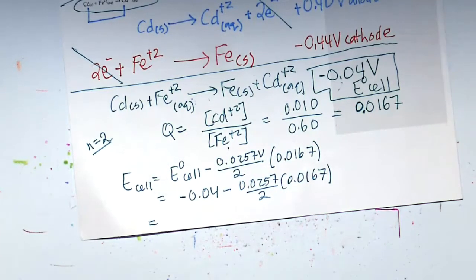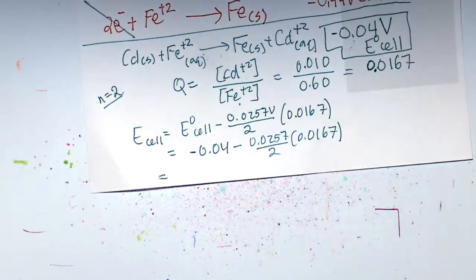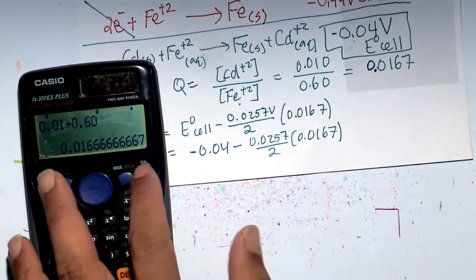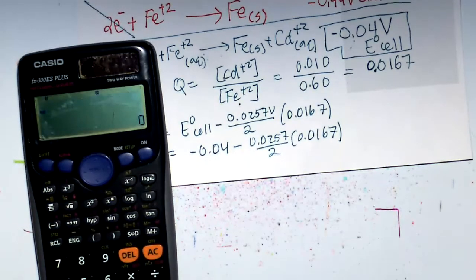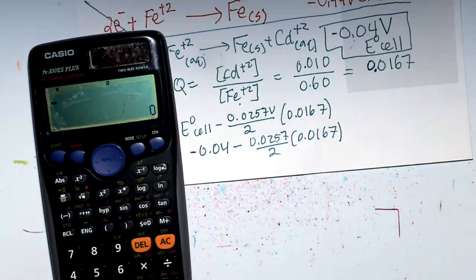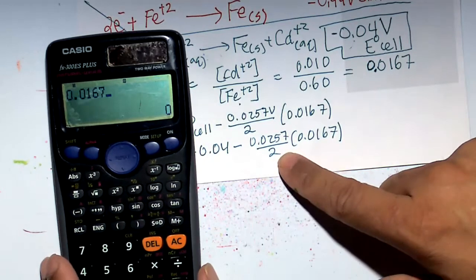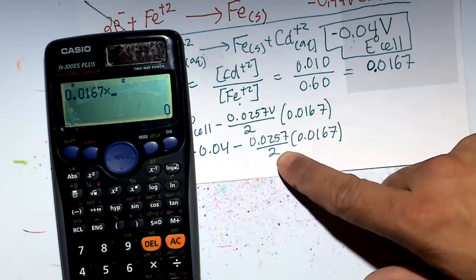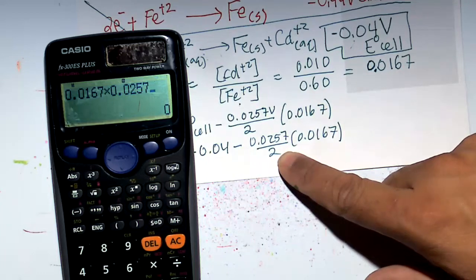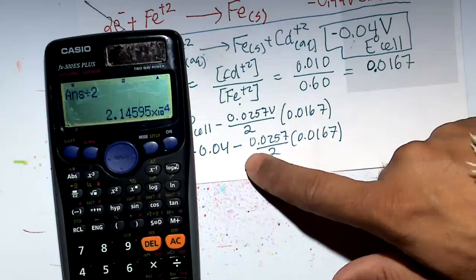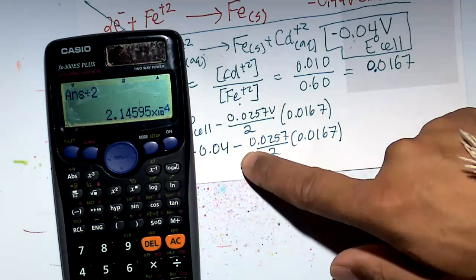All right, how will we do this on our calculator? Just be careful, because this is where mistakes can happen. I'll be the first one, I can make a mistake too. So 0.0167 times, I've got to be careful here, 0.0257. I'm going to take that divided by 2. I'm going to make that minus. Everyone see that? Minus.